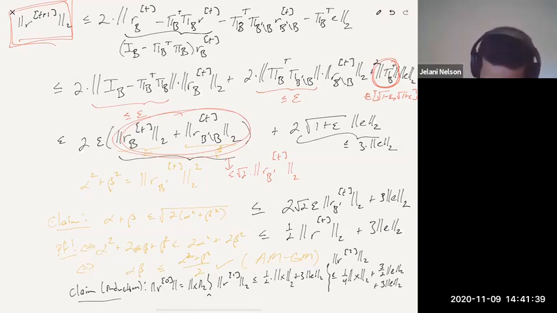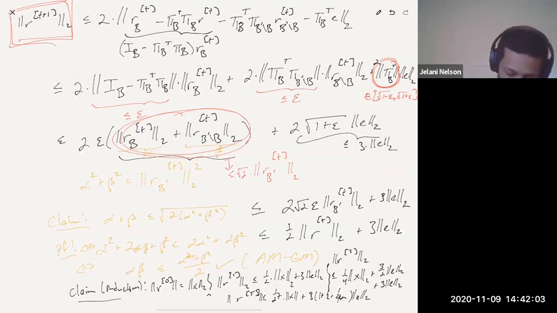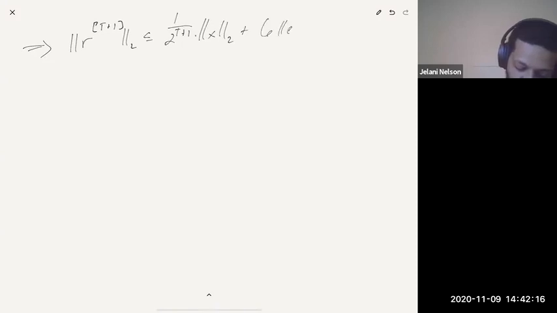So eventually what you're going to get is that the norm of RT is at most 1 over 2 to the t times the norm of x plus 3 times, you know, 1 plus a half plus a quarter plus whatever, times the norm of e. So RT plus 1 is actually at most something like 1 over 2 to the t plus 1 times the norm of x plus, at most, something like 6 times the norm of e.